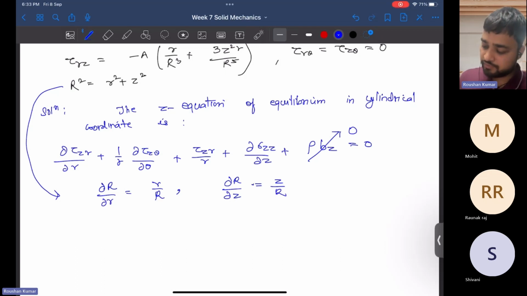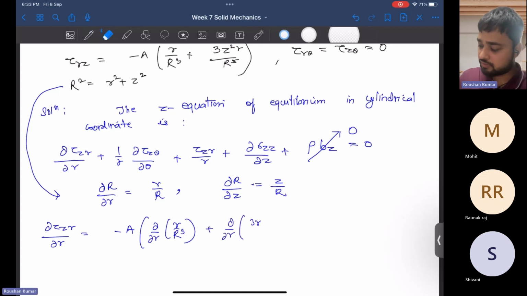The first term is del tau zr upon del r, which is given by minus A times del by del r of r by R cube plus del by del r of 3r z square upon R to the power 5.